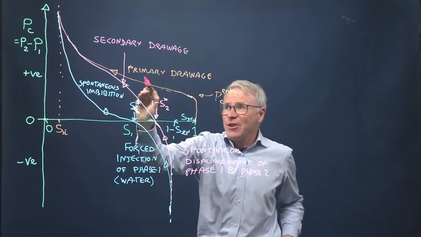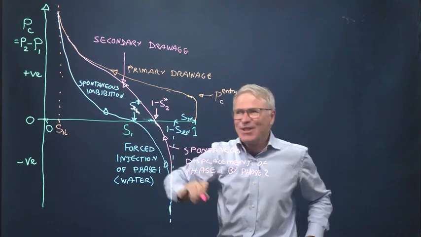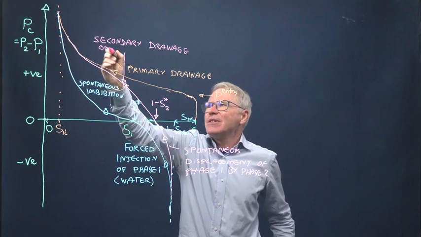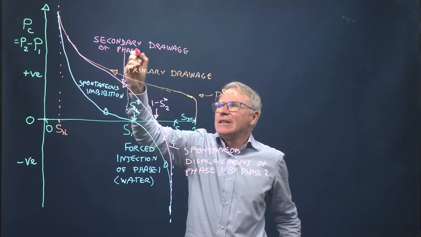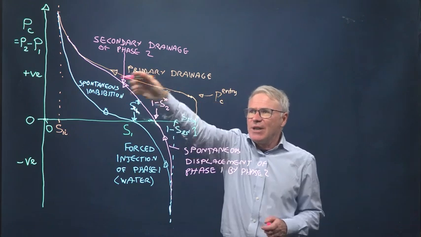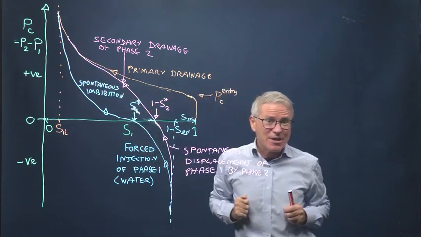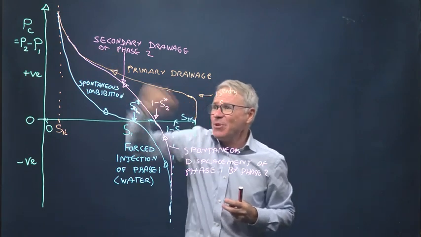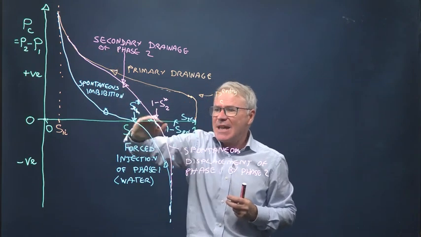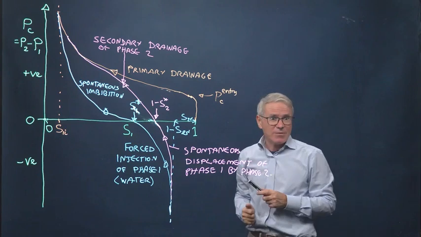Because it's not the first drainage, it's the second drainage process, and this is secondary drainage of phase 2. So just to be precise, primary drainage is of phase 2. That's the first time phase 2 goes into the porous medium. This is the oil or gas moving in for the first time, and this is where I do it again, and this is a forced displacement.